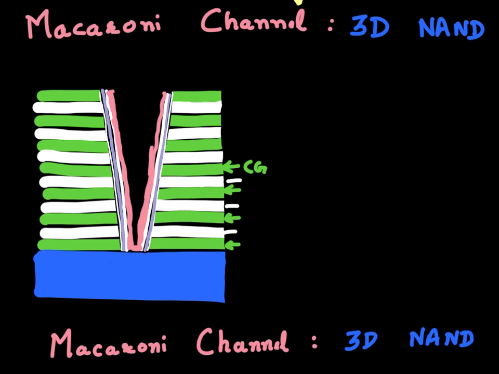I can stop my deposition of polysilicon at this point, and then what I would be getting is a channel which is like this.